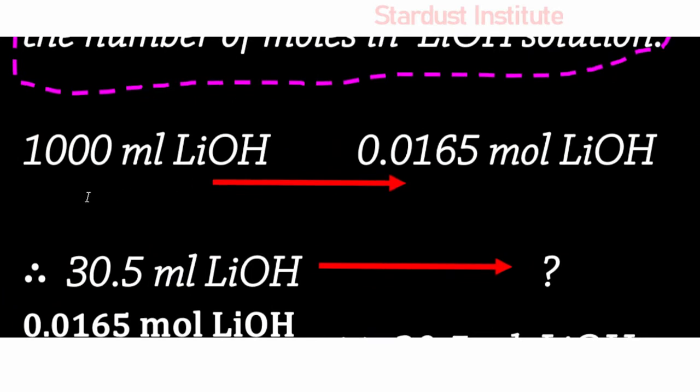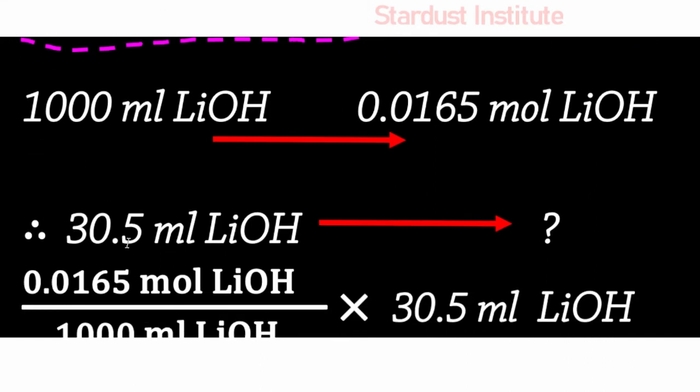Let's find it. In 1000 milliliters of this lithium hydroxide solution, there are 0.0165 moles of lithium hydroxide, because this is 0.0165 M lithium hydroxide solution. Then in 30.5 milliliters, how many moles are there?